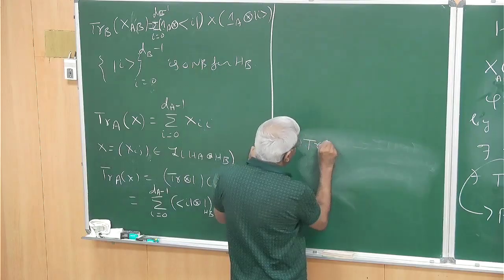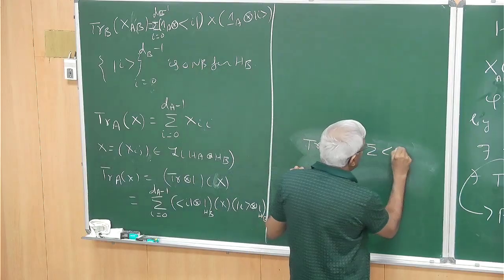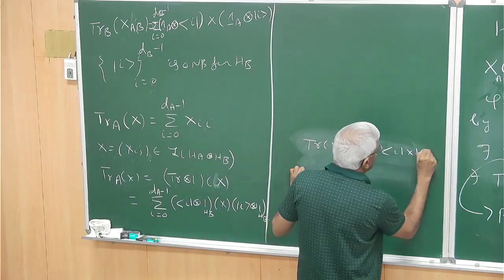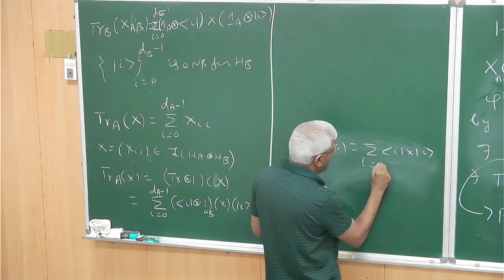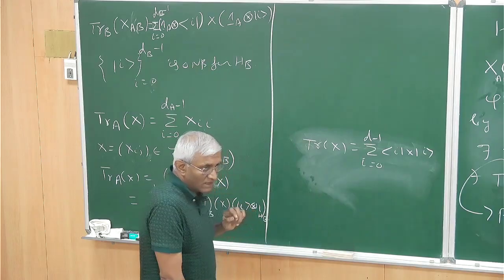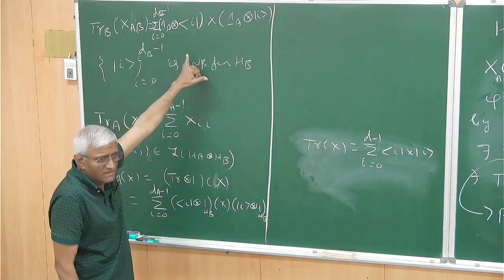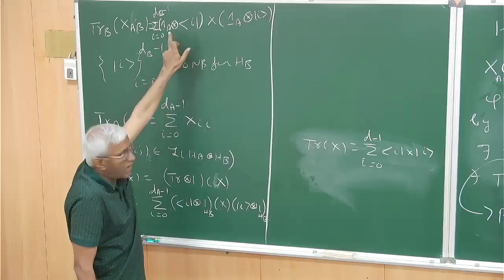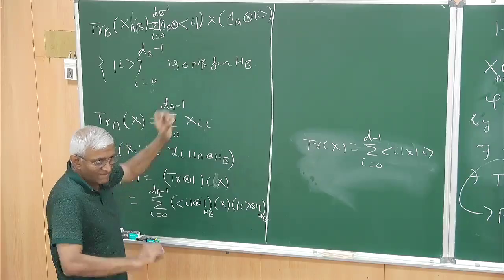What is the trace of any x for a general x? This is just the trace of I, x, I, right? I runs over an orthonormal basis, from 0 to d minus 1. If you have a 1 tensor trace, this is just the definition.